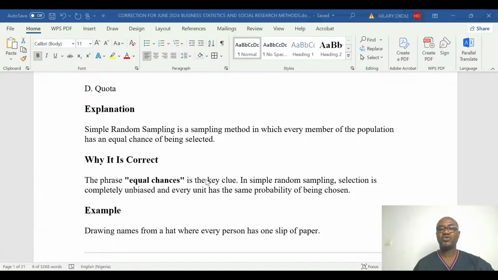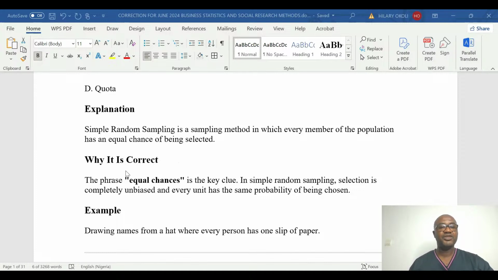So we expect you to do that even as we continue on this revision class. It's a way that this will sink into you, and when you see any of these questions under exam conditions, you'll be able to approach it and make sure you take the right option.